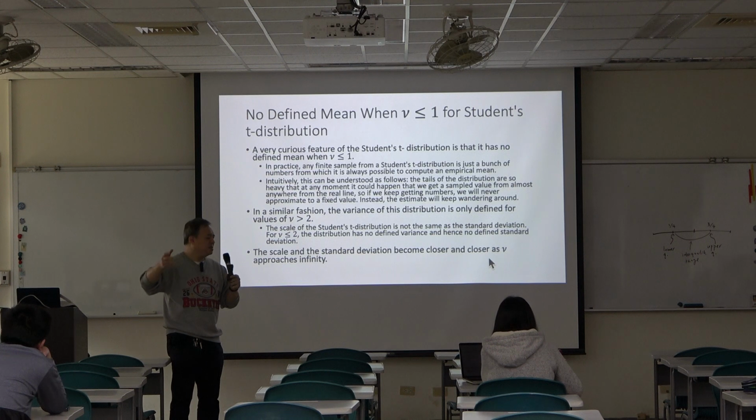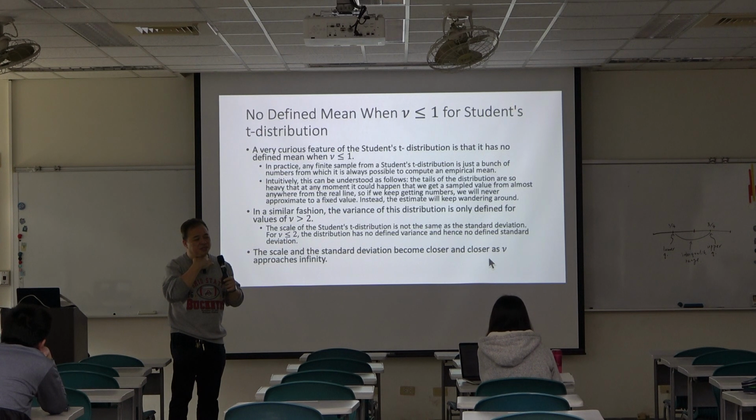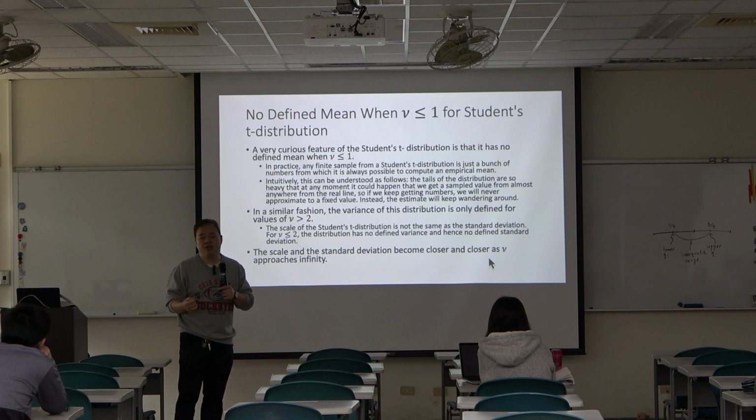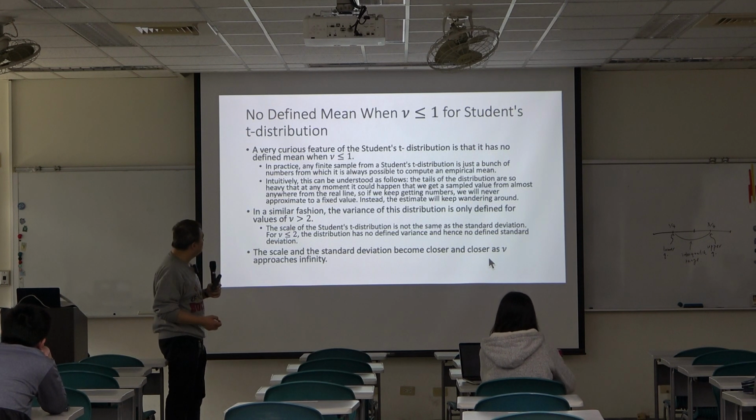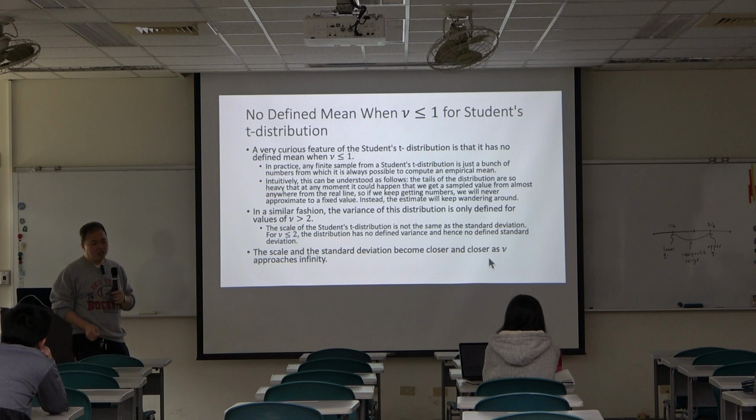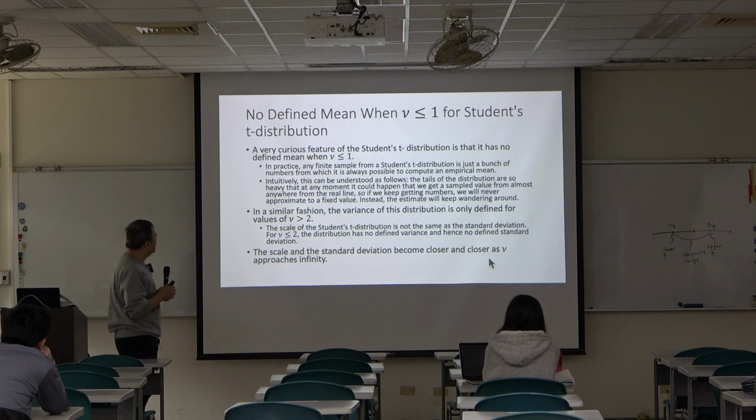When you sample from this distribution, it's very likely you get a bigger and bigger value, or a smaller value, away from the mean. As a result, you cannot get a stable mean if your student t distribution has a V value smaller or equal to 1. So this is something you need to be very careful about.